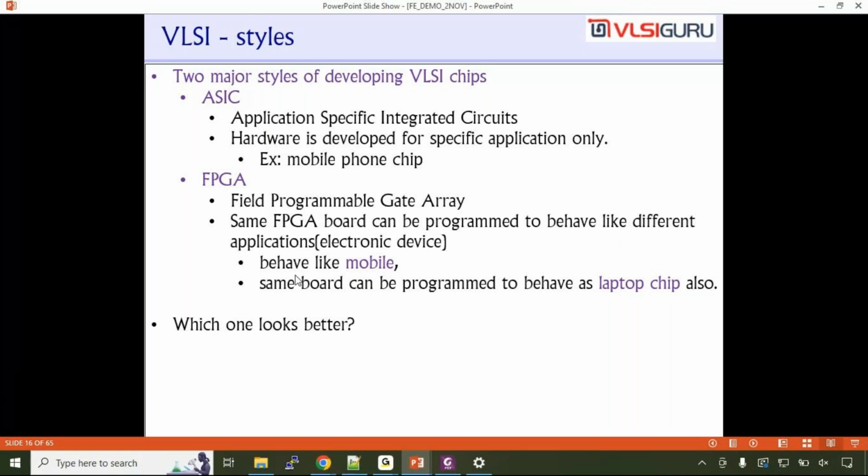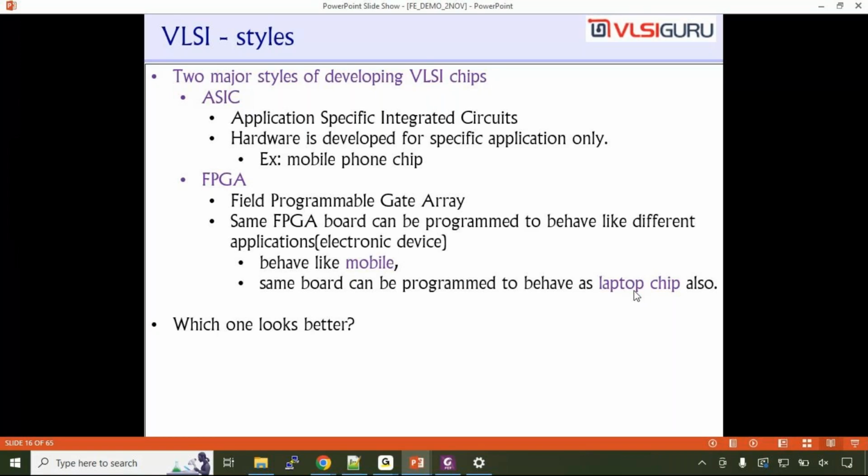Like the same FPGA board can be programmed to behave like a mobile phone, or like a laptop chip. So in summary, in FPGA, same hardware can be used to behave like a mobile phone, and the same can be used to behave like a laptop, given that there are enough resources. I mean, my FPGA board should have sufficient resources to implement this.